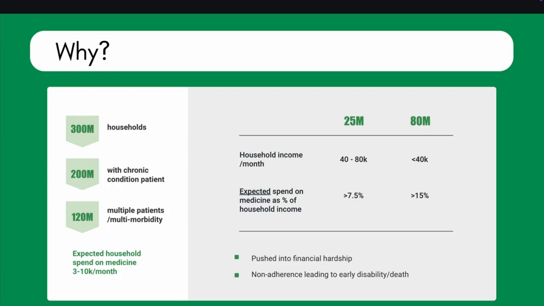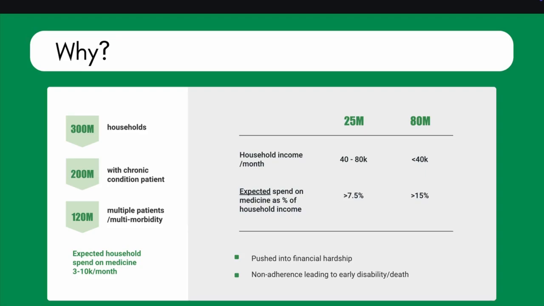If they put too much money into medicines at their age, it puts them into financial hardship, and it can also lead to early disability or death. So that's our mission. We want to save their cost by up to 50 to 70%, so they can live happily and live a longer life.